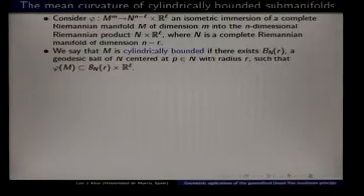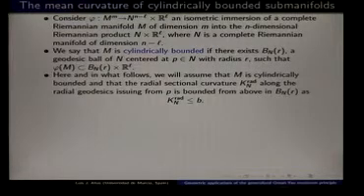In this context, we say that M is cylindrically bounded if the projection of the immersion onto the factor N is bounded. That is, if there exists a geodesic ball in N such that the image of the immersion is contained in this solid cylinder.